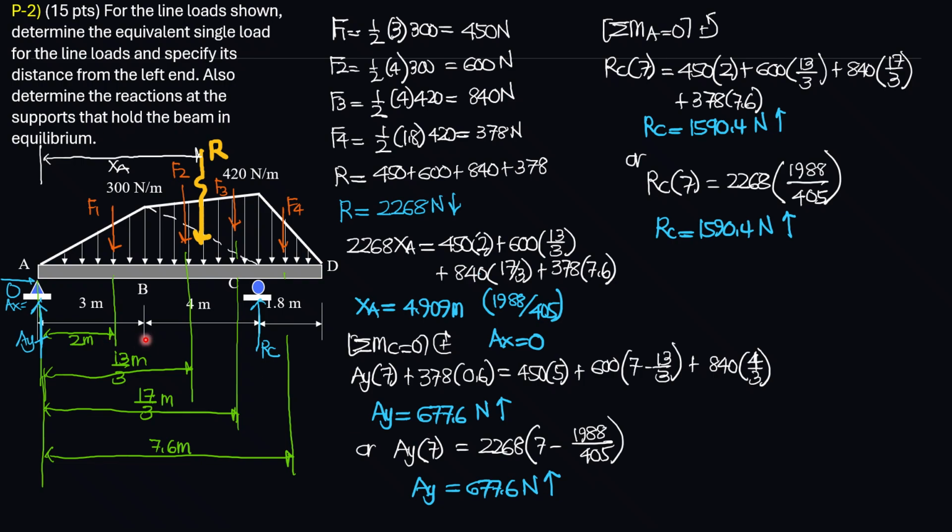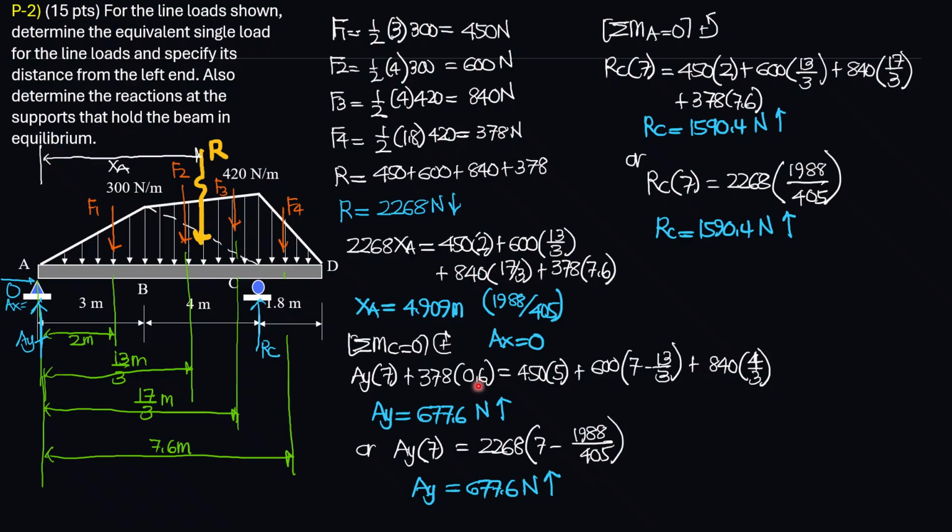It will not develop you as a student. So AY, clockwise positive, times 7, RC is not involved, plus F4, which is 378. Moment arm is 1/3 of 1.8, so that is 0.6.